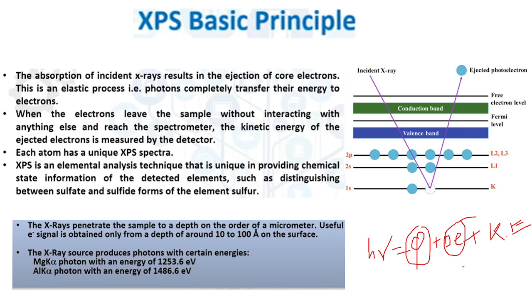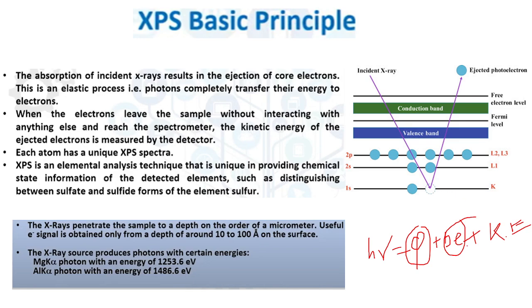So for each element, the kinetic energy of the ejected photoelectron will change when the binding energy is different, because the work function is fixed for any environment or any case. Only if the binding energy is different will the kinetic energy be different.